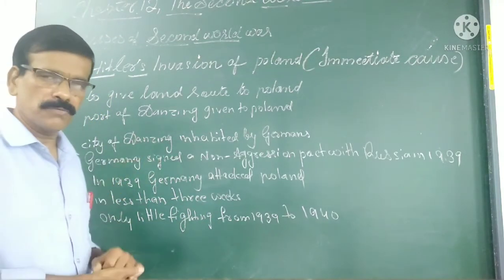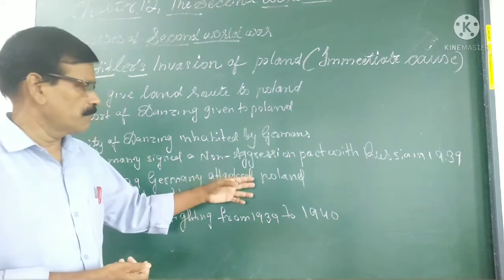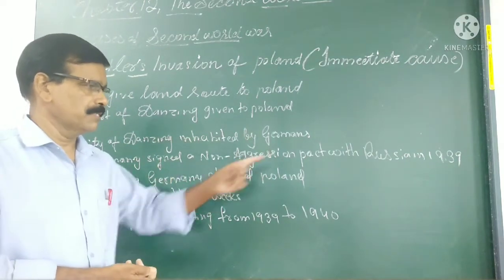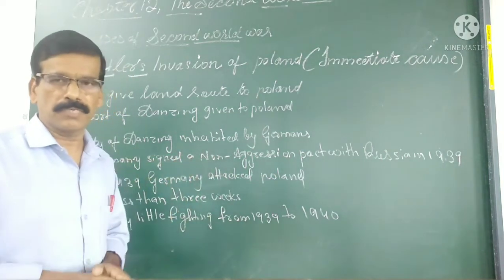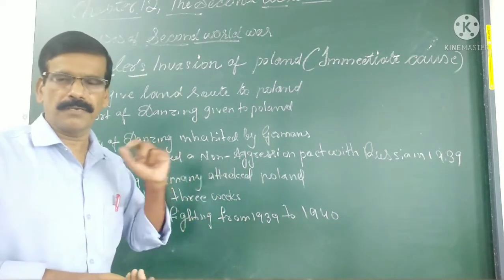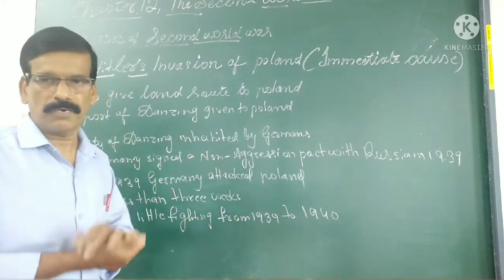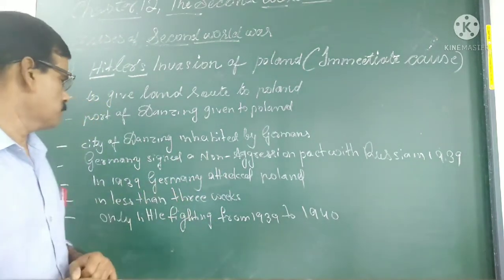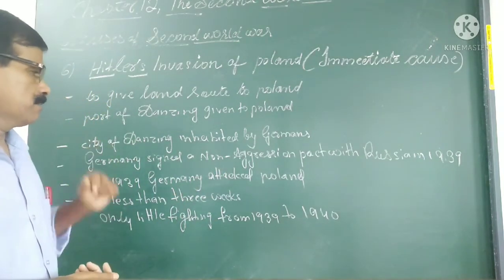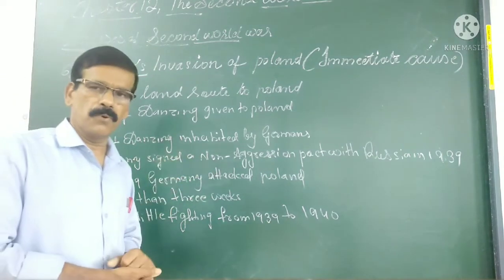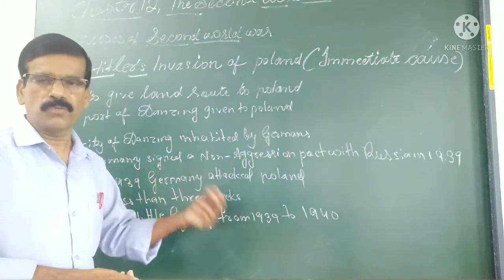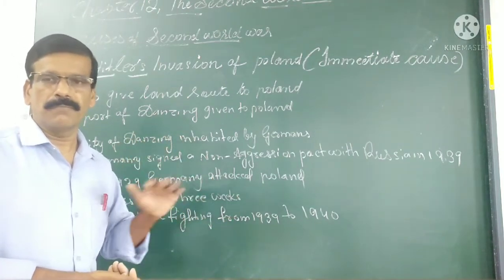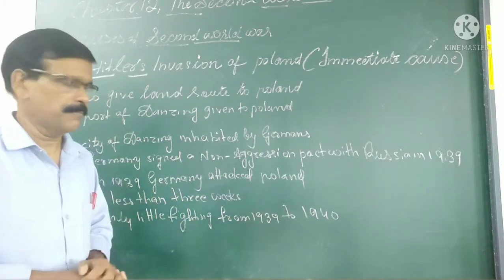Germany also signed a treaty of non-aggression with Russia in 1939. According to this treaty, there would be no war between the two countries. In 1939, Germany attacked Poland, and Germany's aim was to completely disarm Poland within a short time.